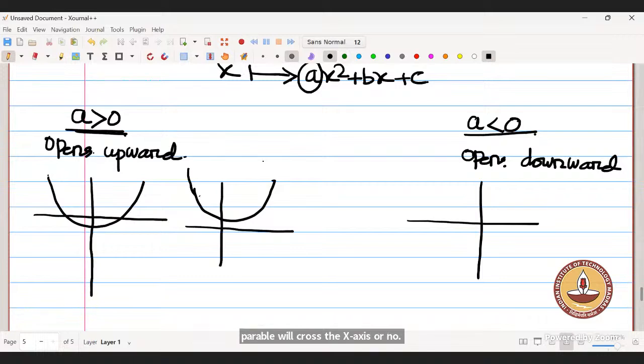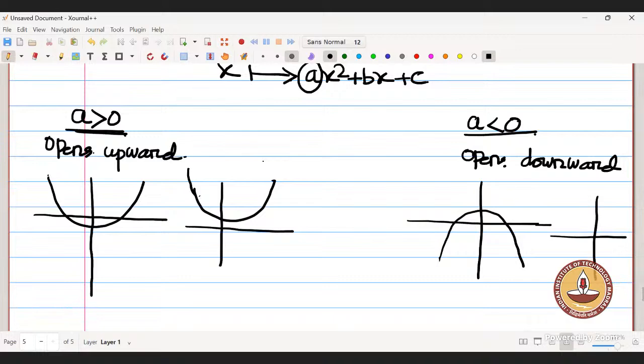On the basis of C. On the basis of the vertex. On the basis of the x-intercepts.